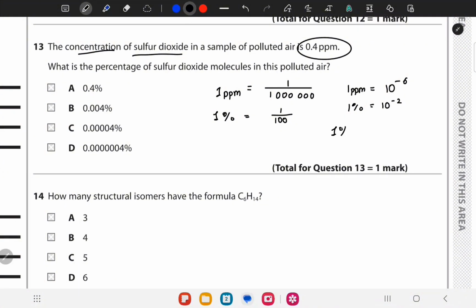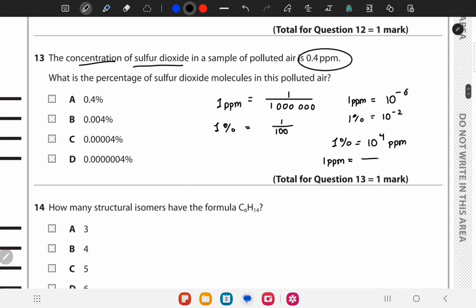So 1% would be 10 to the power 4 parts per million, or if you want it the other way, 1 part per million will be 1 by 10 to the power 4, so 10 to the power minus 4 percentage.